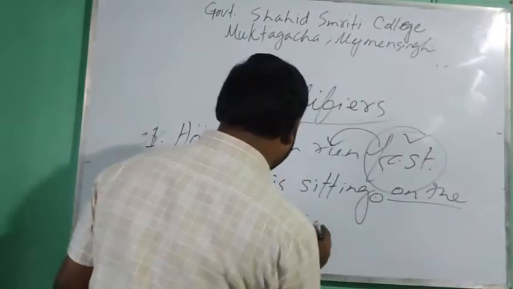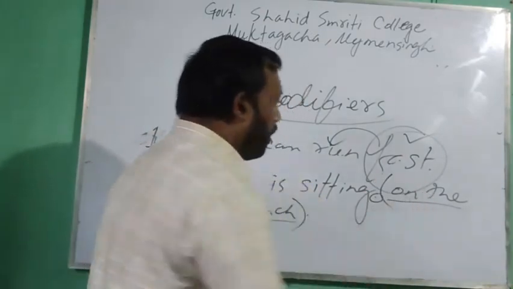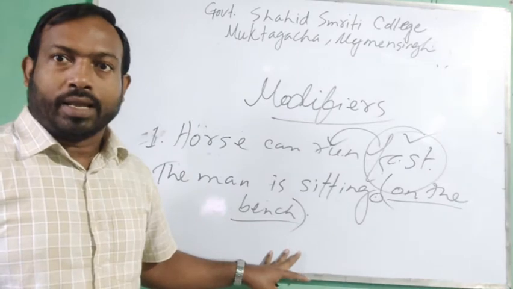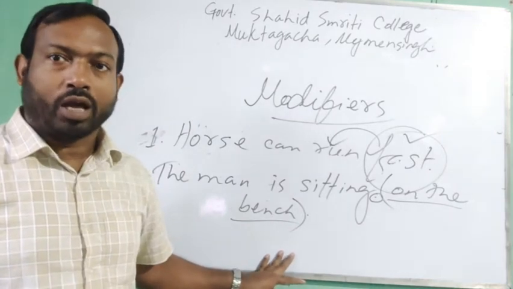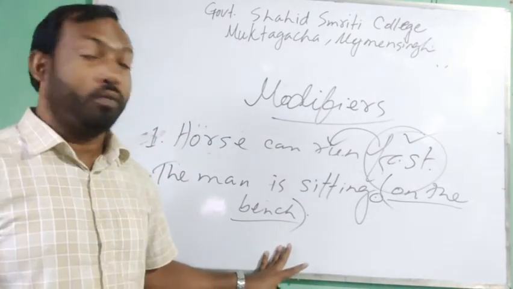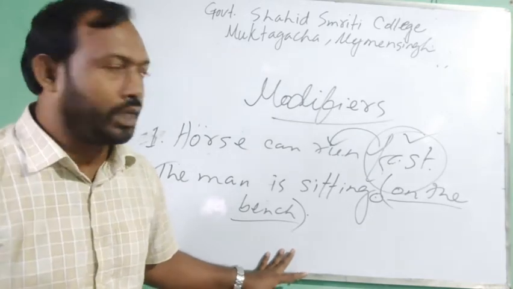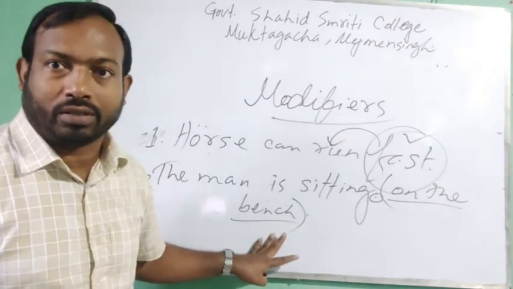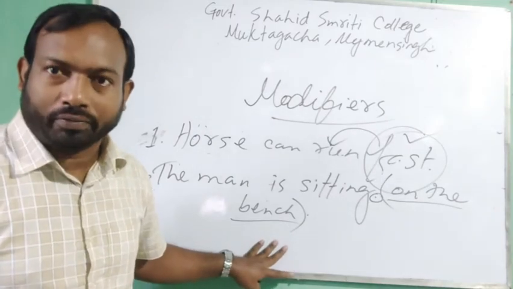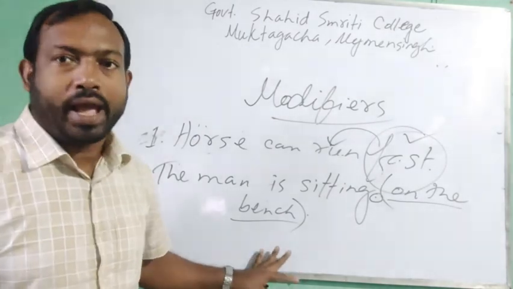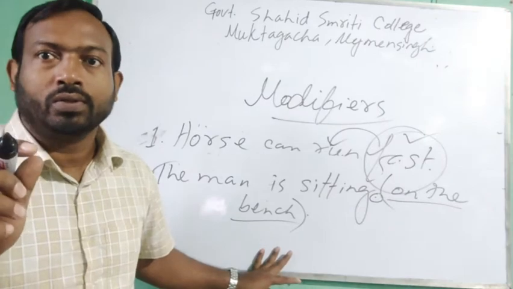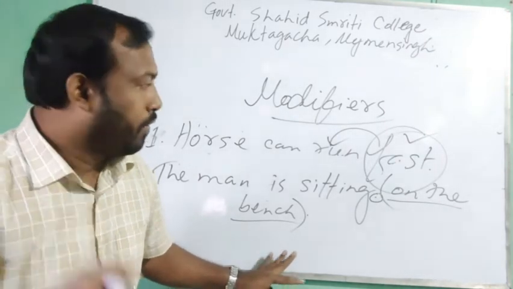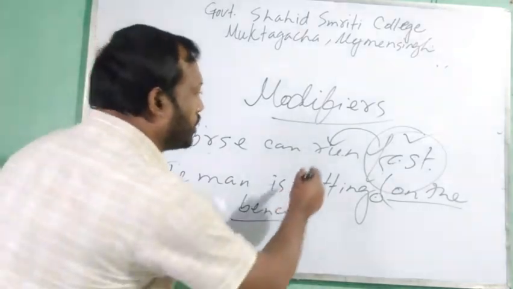So on the bench is actually a modifier, because it gives information about where the man is sitting.